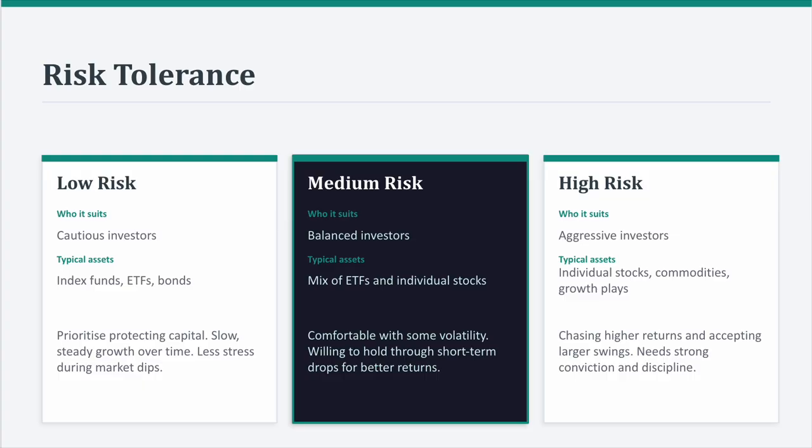These individuals would invest in individual stocks, commodities, and do growth plays such as short-term trading. It's important when investing to decide your risk tolerance, because that helps you decide what assets you want to invest in in the future.